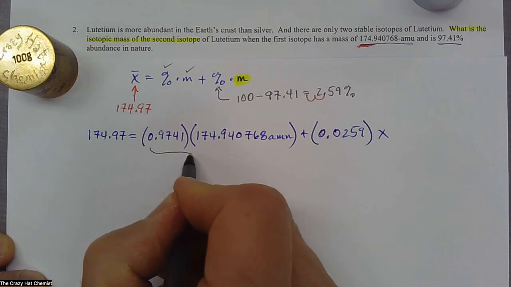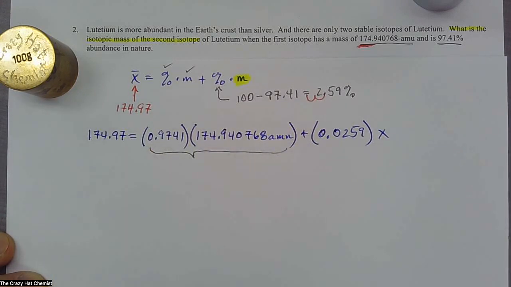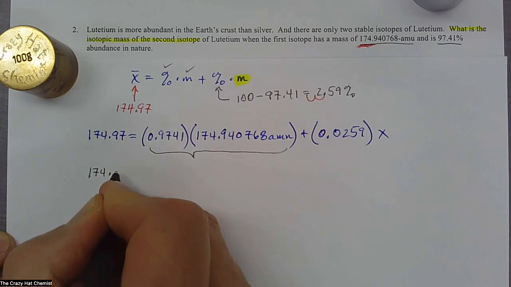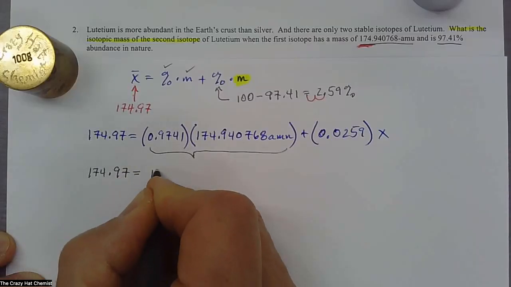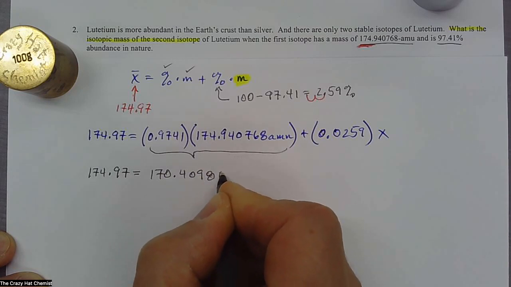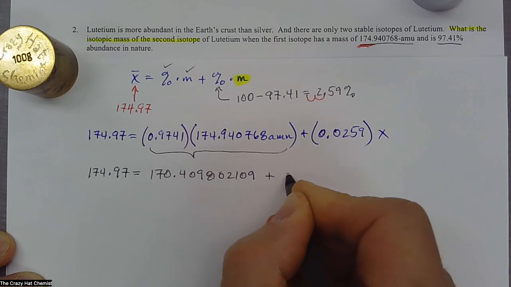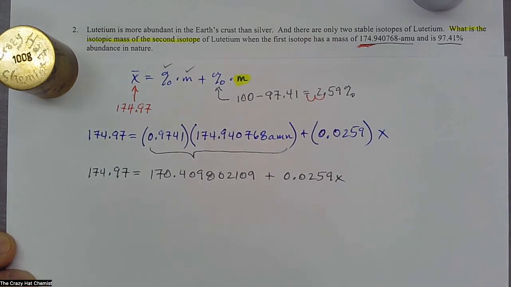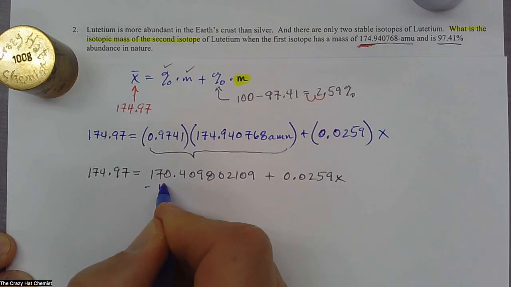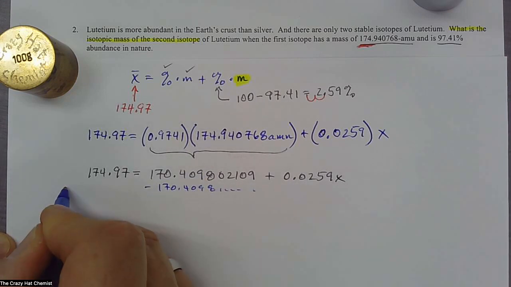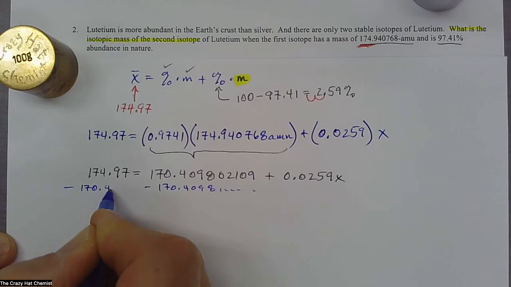So now we're going to do our mathematical wizardry, which really is not too much of a wizardry thing. The first thing we're going to do is multiply here. We got 174.97 is equal to 170.409802109 plus 0.0259x. Okay, and so hopefully that looks good to you. Now we're going to subtract this 170.4098 blah blah blah number, this entire number, on both sides.